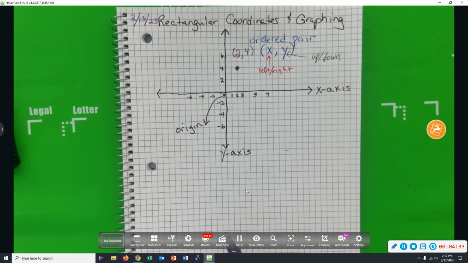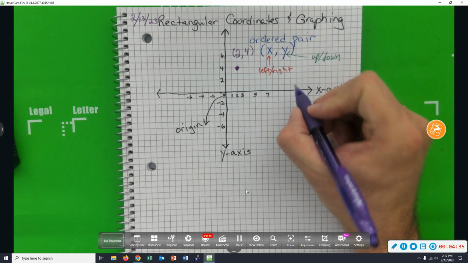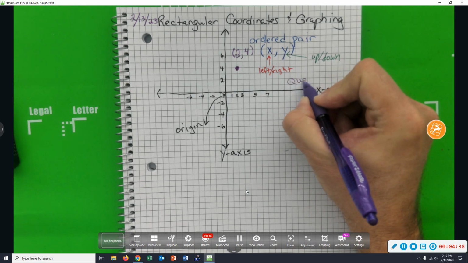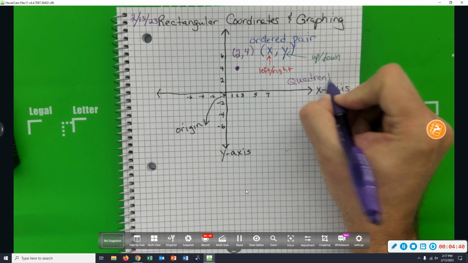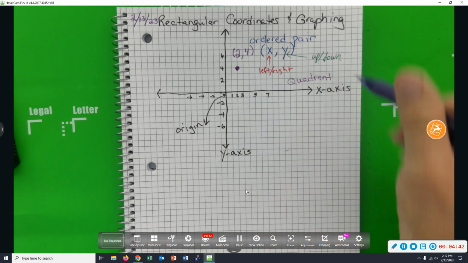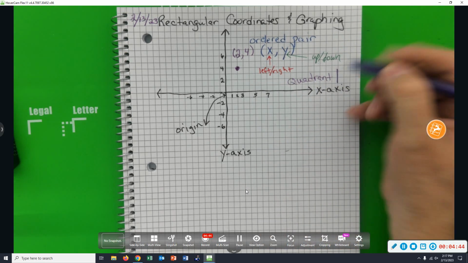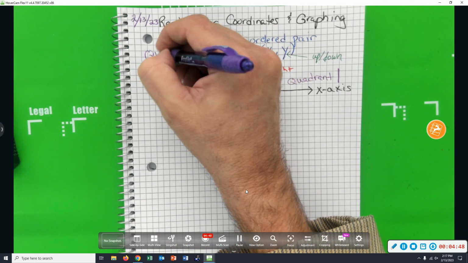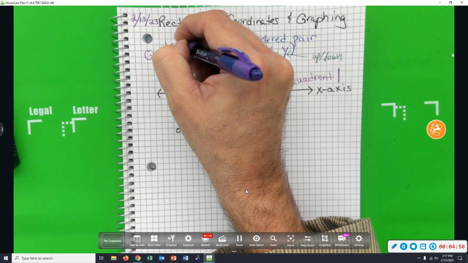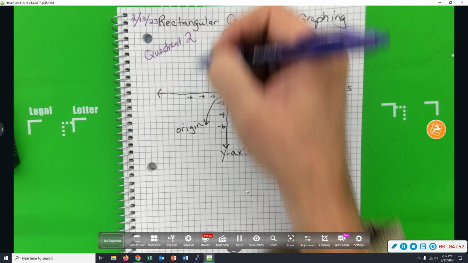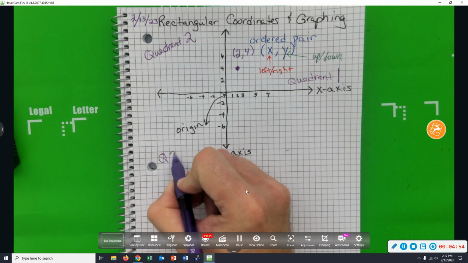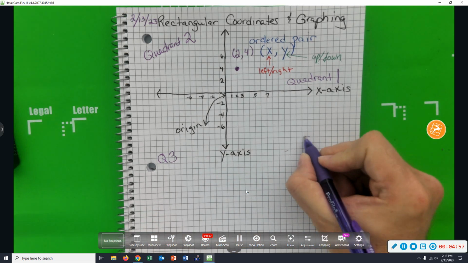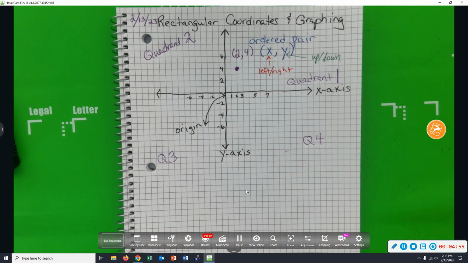Each one of those regions is called a quadrant, and you number them starting with the upper right-hand corner. That's quadrant 1. Over here, quadrant 2, quadrant 3, and finally quadrant 4.